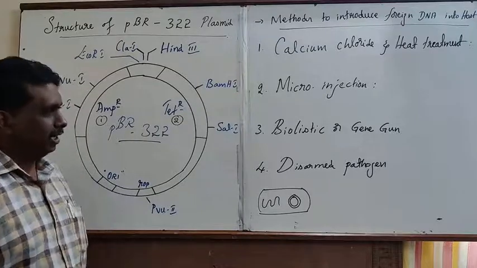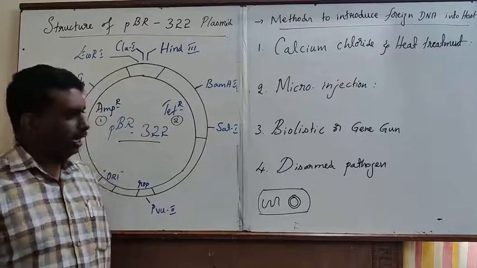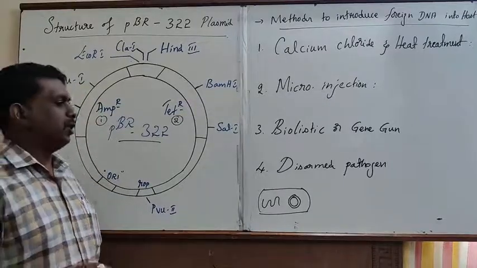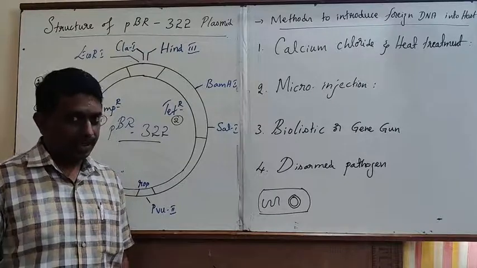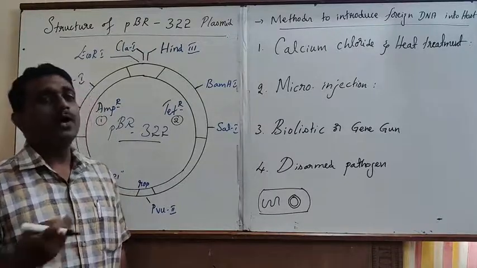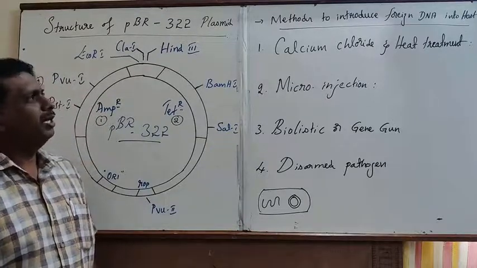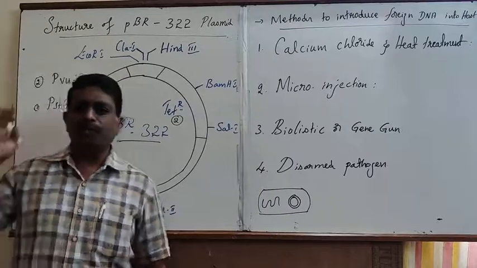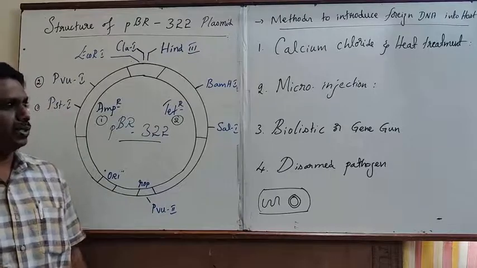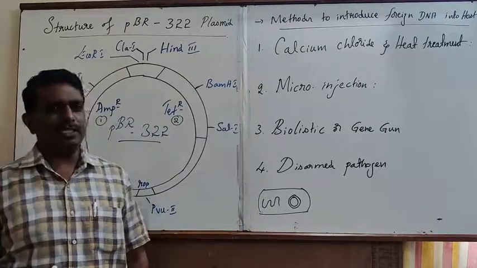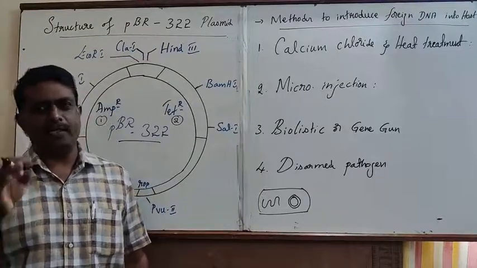The third one is biolistic or gene gun methodology, and the last one is disarmed pathogen. Disarmed refers to non-pathogenic organisms that are widely employed in order to introduce the foreign DNA into the competent host. The first important methodology is called the calcium chloride and heat treatment.